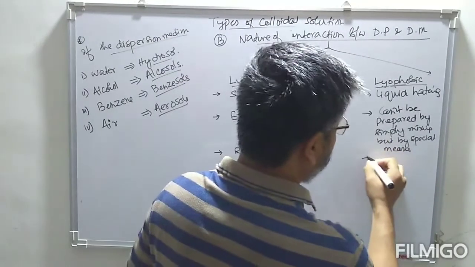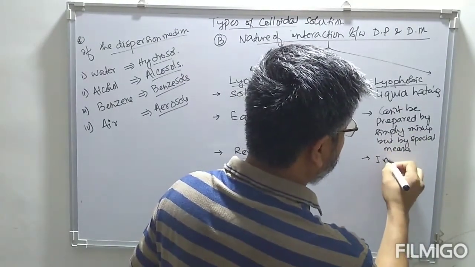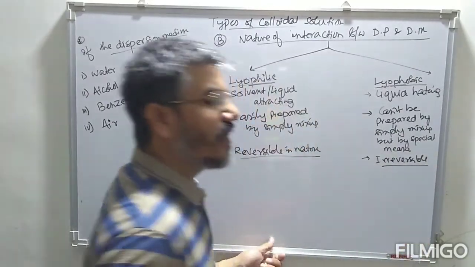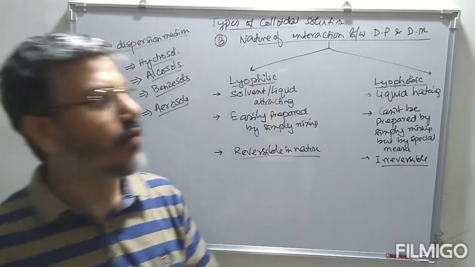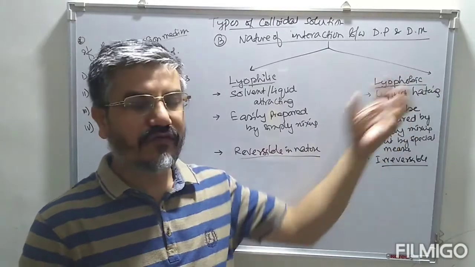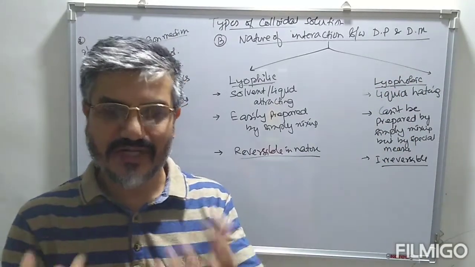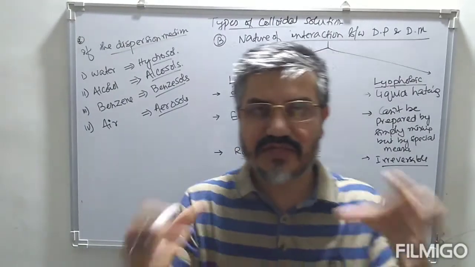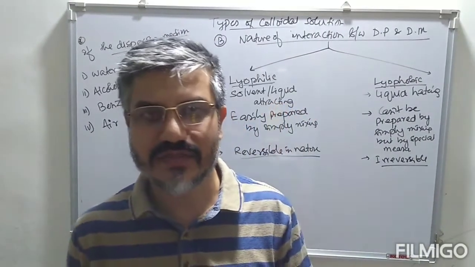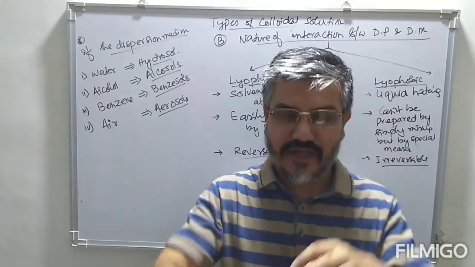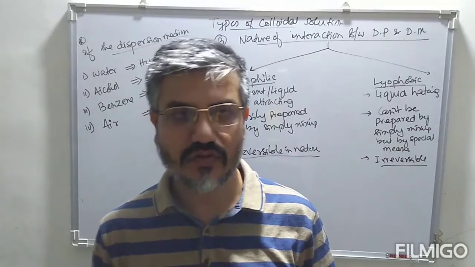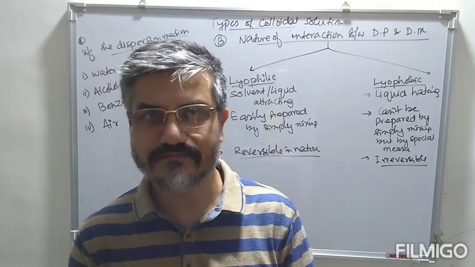Whereas lyophobic sol is irreversible, meaning these lyophobic sols are prepared by specific means. This cannot be simply prepared by mixing the dispersed phase in the dispersion medium. Now we have a lyophobic sol. Now we separate the components of the lyophobic sol, the dispersed phase and dispersion medium.